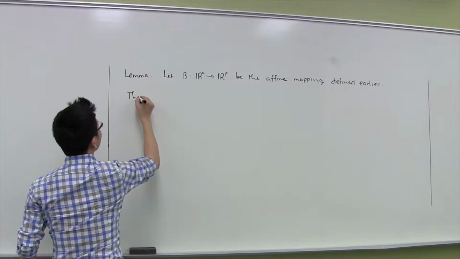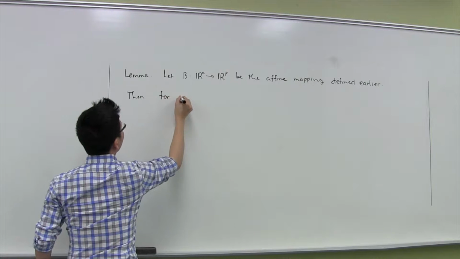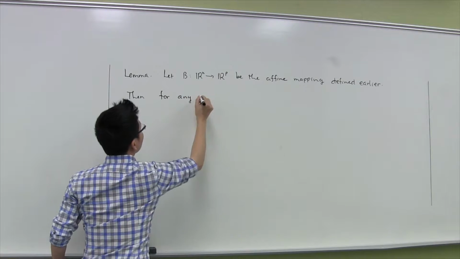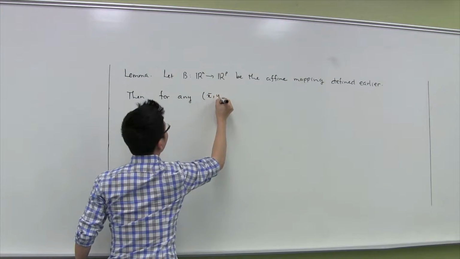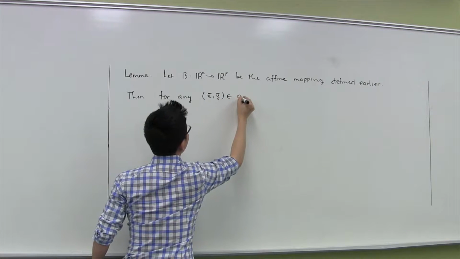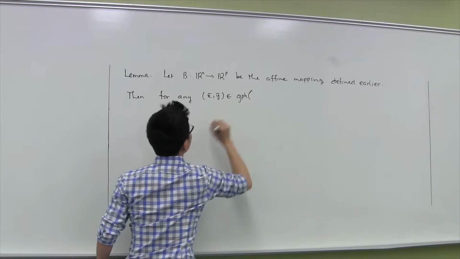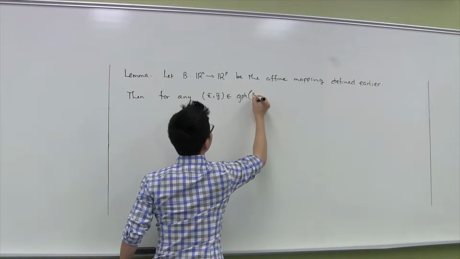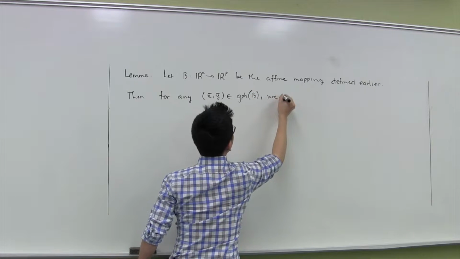Then for any x bar, y bar in the graph of the mapping B, we have the following.